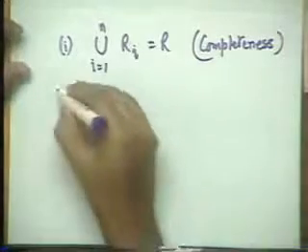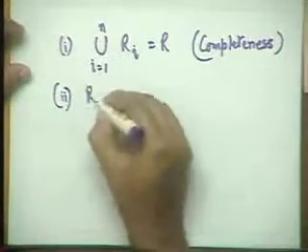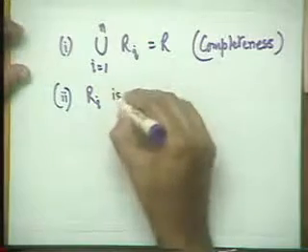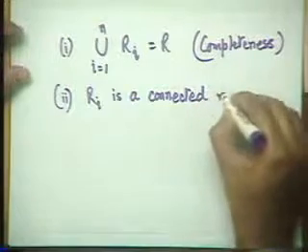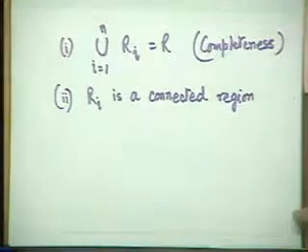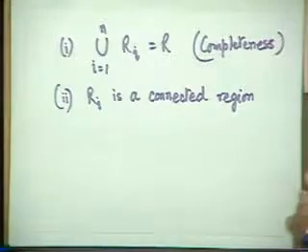The second property which we must fulfill is that Ri should be a connected region. Let us recall the definitions of our connectivities, where we defined 4 connectivity, 8 connectivity and so on. By calling Ri a connected region, it means that all the pixels within a particular region should be connected to other pixels in the same region.